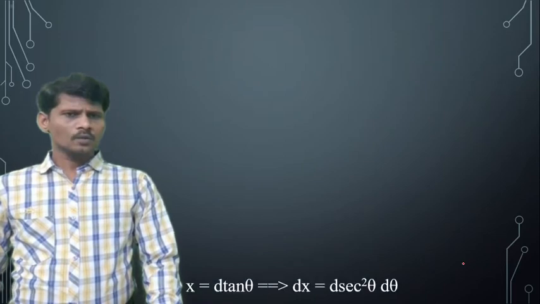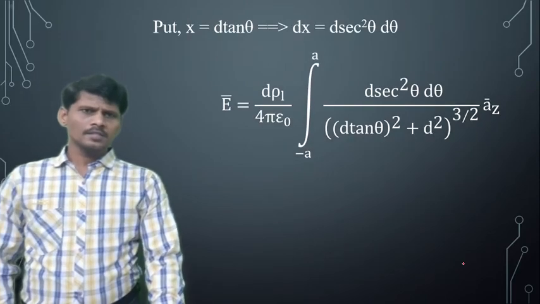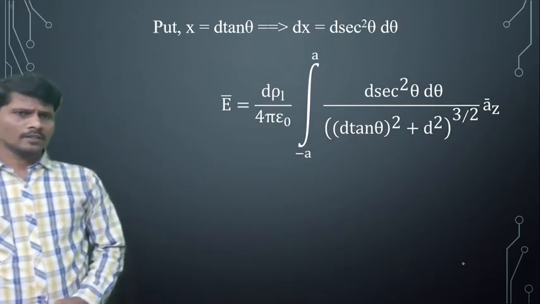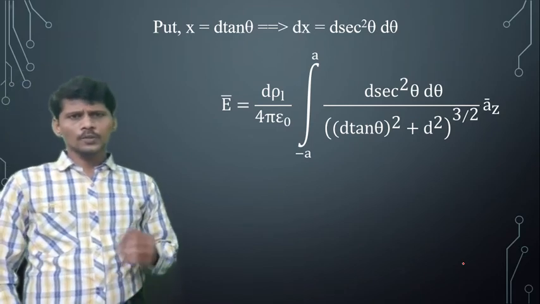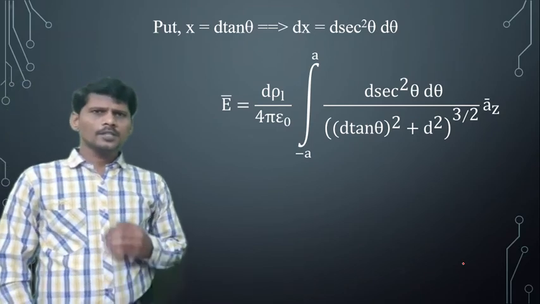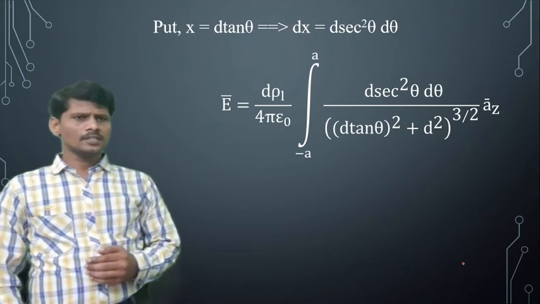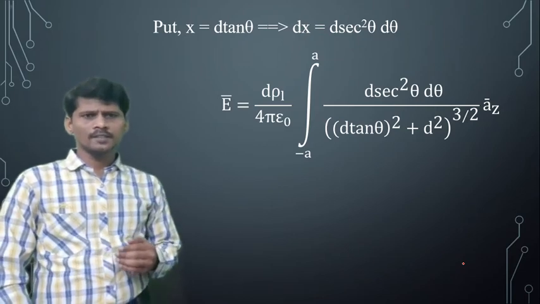Since x is equal to d tan theta, differentiating with respect to theta, dx is equal to d secant square theta d theta.